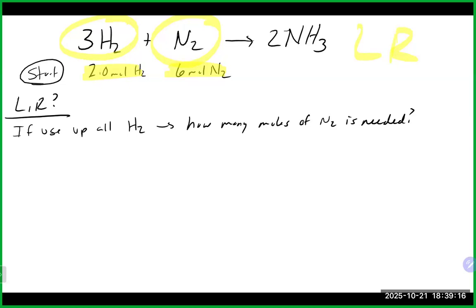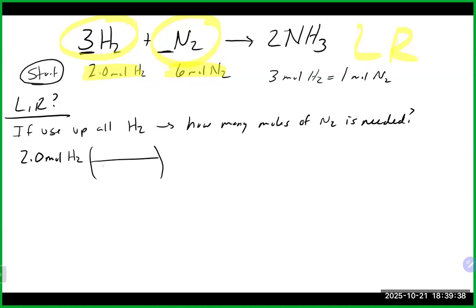So what I'm going to do is, if I take my 2 moles of H2, I'm going to use the mole-to-mole relationship between H2 and N2, which is 3 to 1. Again, for every 3 moles of H2, I got 1 mole of N2. You can go opposites here. So 3 moles of H2 on the bottom, 1 mole of N2 up on top.